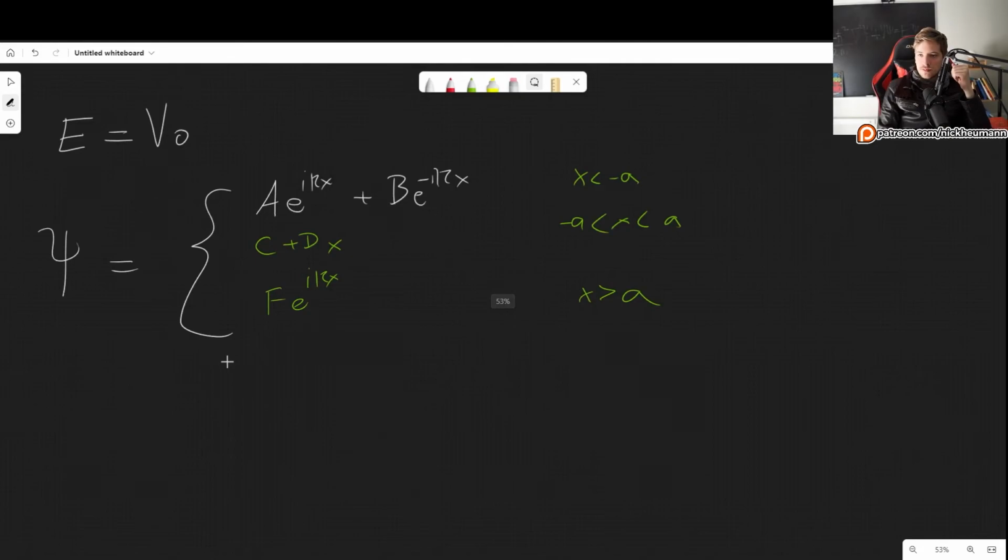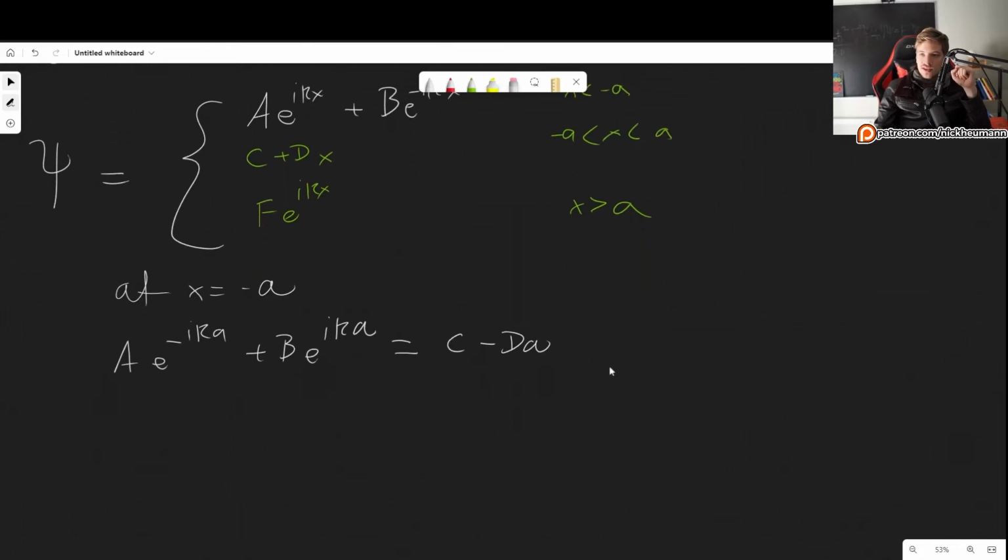And now boundary conditions. So at x equals minus a, we have that a e to the minus ika plus b e to the ika has to be the same as c minus dA. All right, now the first derivatives.